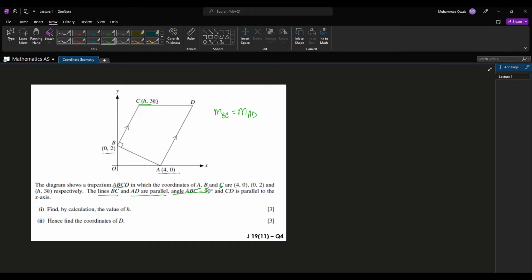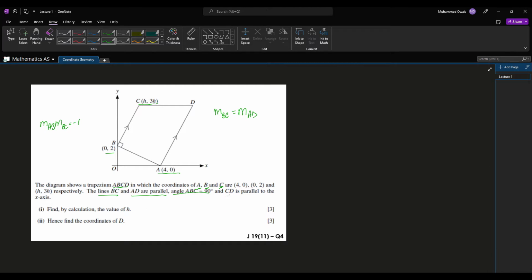So what can be determined from this is that M of AB times M of BC is equal to minus 1. Basically, they are negative inverses of each other, as we have learned before.